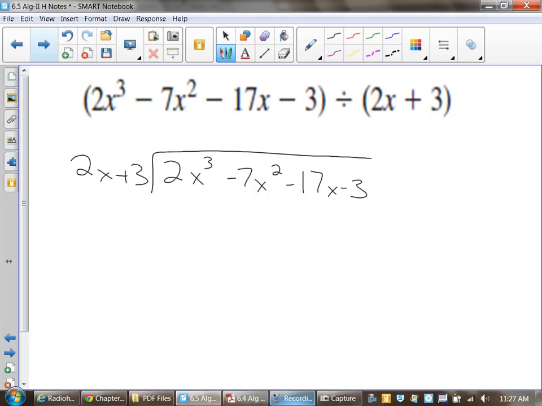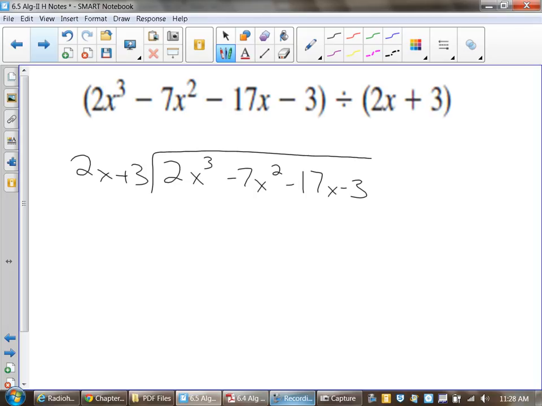Now, this is a little bit different than regular old boring long division. When we did regular old boring long division, we were trying to see how many times 12 goes into 27. Now I'm going to ask it a little bit differently. How do I change a 2x into a 2x cubed? In other words, what do I multiply 2x by to turn it into 2x cubed?